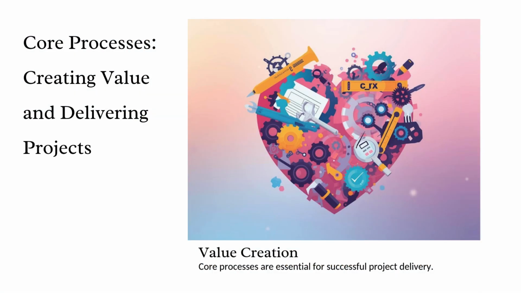So let's understand core processes. These are the processes that directly deliver the EPC contract, and they directly impact cost, time and quality. So this is where one shall focus to ensure on-time, within-budget delivery of the projects. We can say core processes are like the heart of the company.